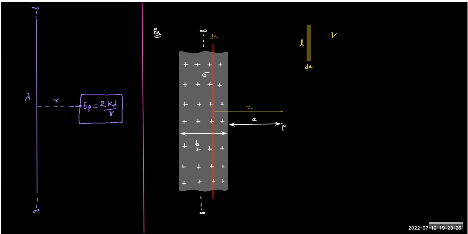Now the charge we can express in multiple ways. In terms of lambda, charge will be lambda into L, the simple definition. But in terms of sigma, charge will be sigma into area, which is L dx. So lambda will be sigma dx.